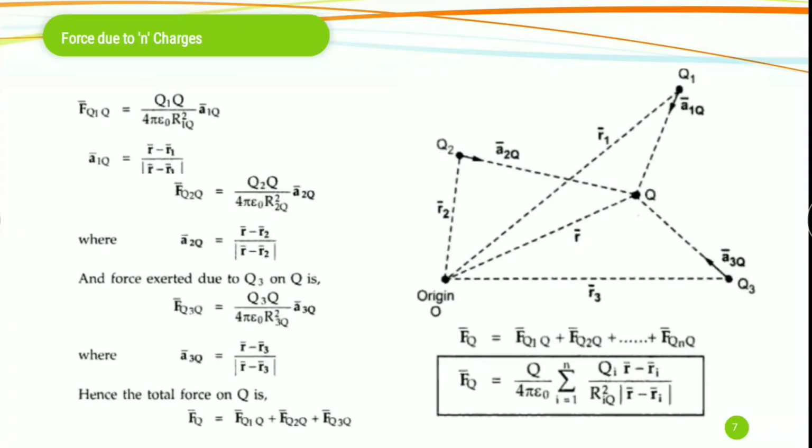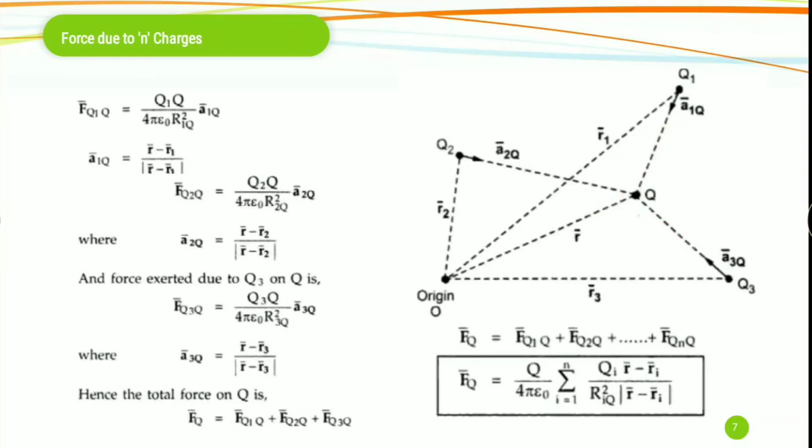Here we have taken only, for example, 3 charges. So what about the 3 charges? That is Q1, Q2, Q3 impact on Q. For example, if there are n number of charges, then what is the force acting on Q charge?